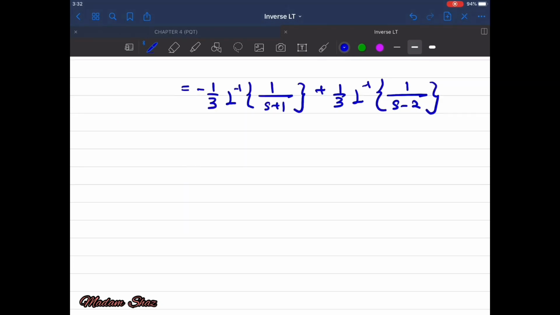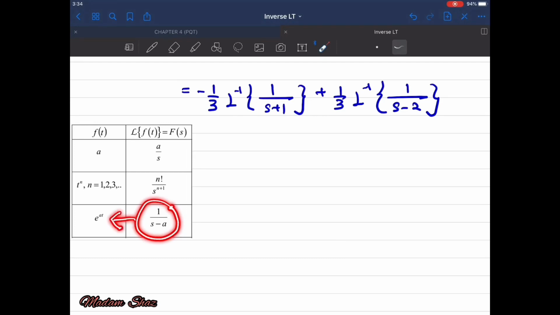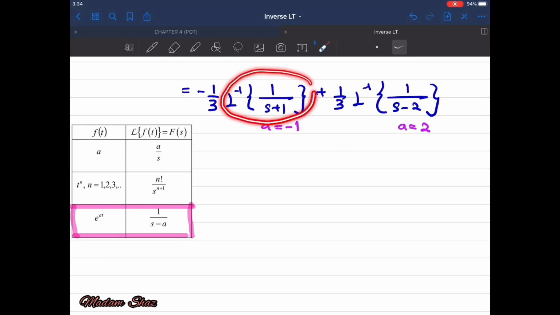Now solve the inverse Laplace transform. By referring to the table, for Laplace inverse 1 over s plus 1, we have a constant on the upper side and s to the power of 1 at the bottom. The suitable one is 1 over s minus a, whose answer is exponent at. So from the table, we determine the value of a. For 1 over s plus 1, a is equal to negative 1, and for s minus 2, a is equal to 2. Now write the answer based on the table. Laplace inverse 1 over s plus 1, where a is negative 1, gives exponent negative t.